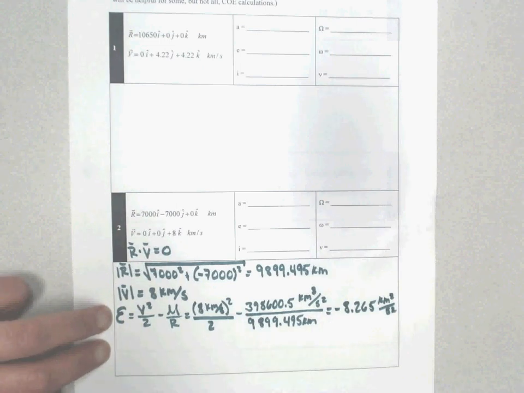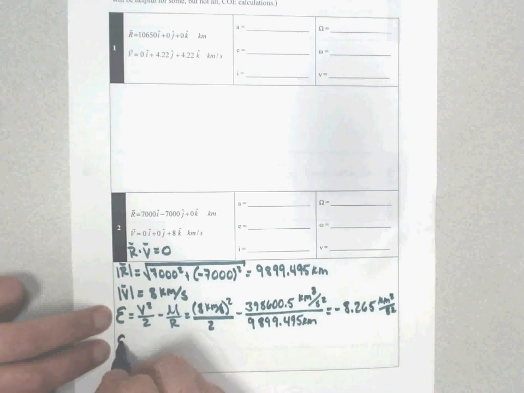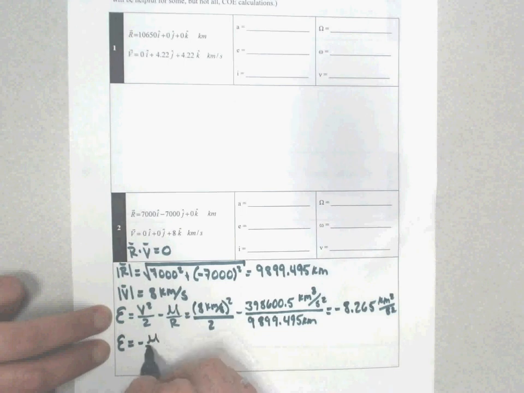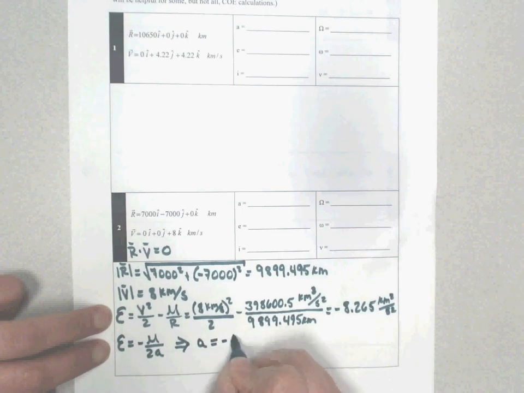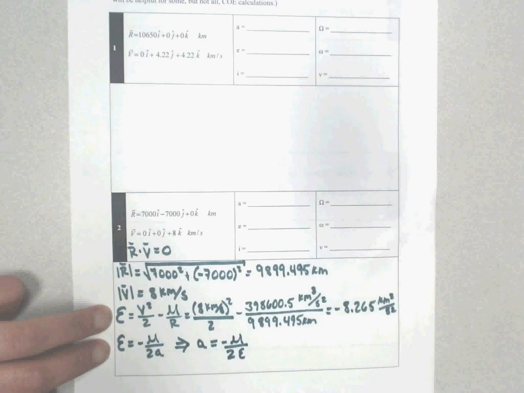So now we need A. On your equation sheet, you'll see that energy also equals minus mu over 2A. So A equals minus mu over 2 times our specific mechanical energy. Same mu, it's a constant.